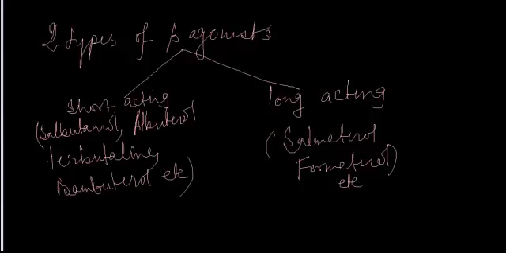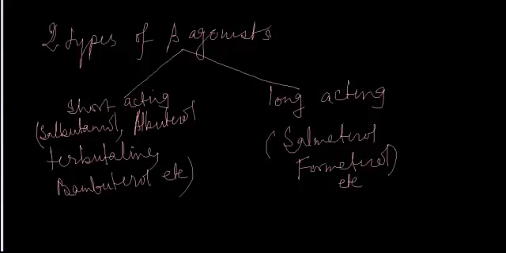We have two types of beta agonists, short-acting and long-acting. In the short-acting category, you have the classic drug salbutamol, albuterol, and there is terbutaline, bambuterol, and other drugs like that. The number of drugs in this group is many. In the long-acting category, we do not have many drugs.